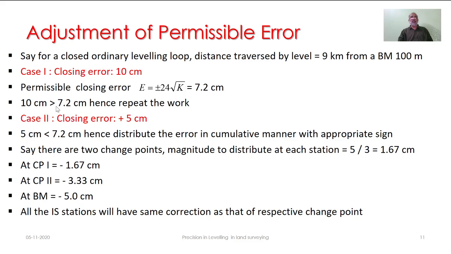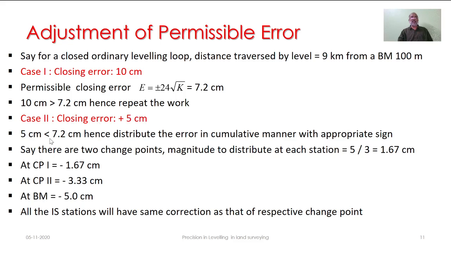The committed error is more than allowable, hence one is expected to repeat the entire work. Let's consider case 2 in which the closing error is plus 5 centimeter.